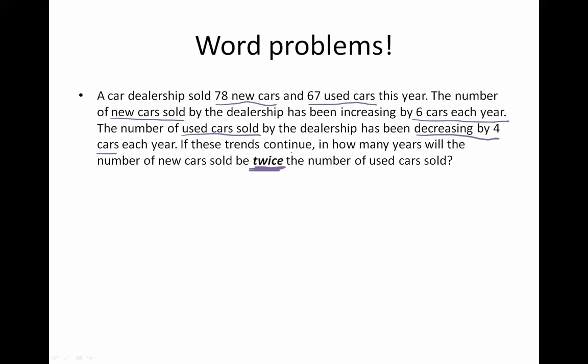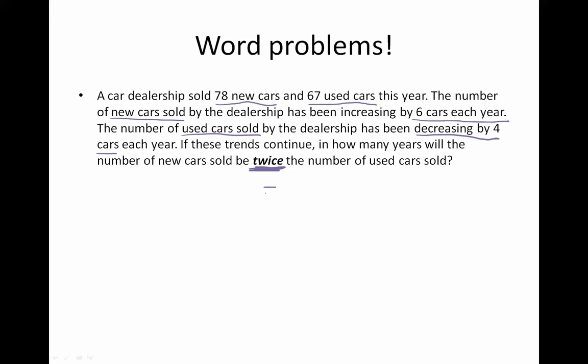So there is a lot to unpack here, right? So let's kind of think about what's happening. We're comparing new cars to used cars, okay? And in the end, we're finding out when the new cars will be the same as twice the used cars.